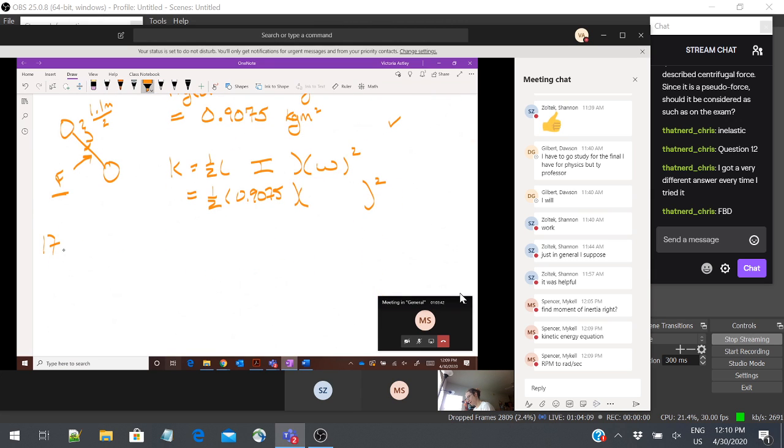So 17 revolutions per minute times 1 minute per 60 seconds times 2 pi radians in 1 revolution. So I get 2 times pi times 17 over 60, 1.78 radians per second. And that's what I put in here.